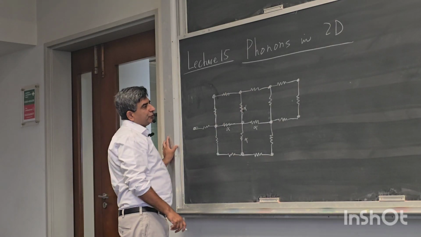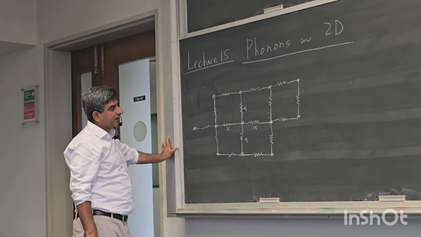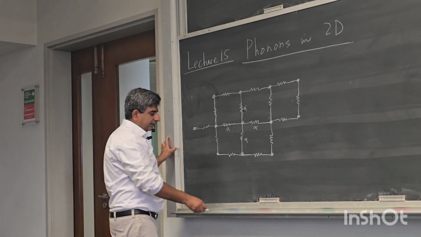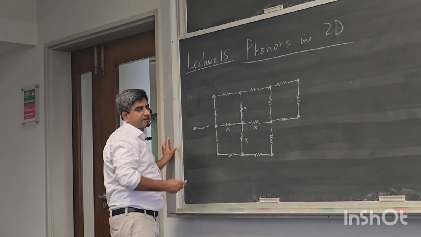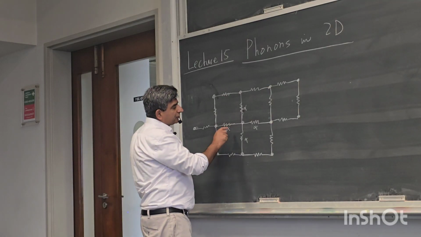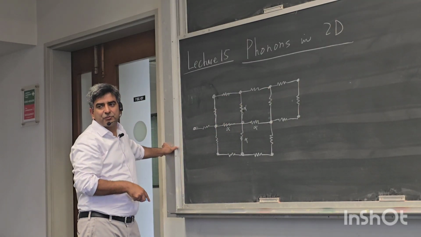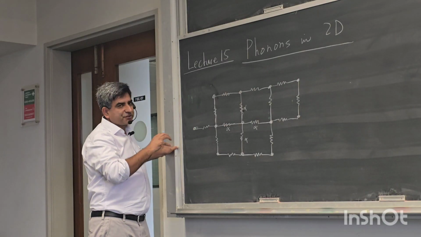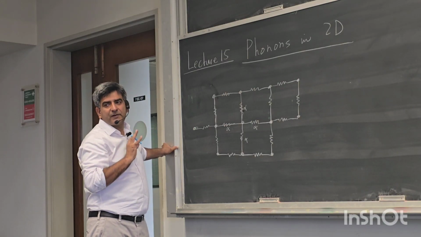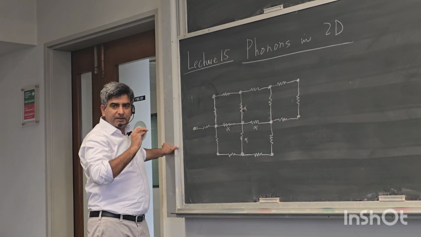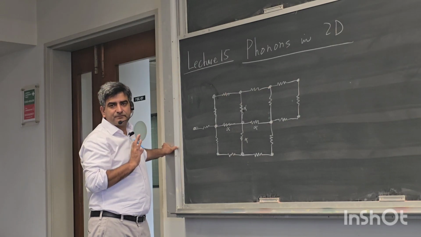But we also assume, to add a little bit more spice into this example, that in addition to these nearest neighbor interactions, we also have an atom connected to the next nearest neighbor atom through another interaction whose strength is given by beta, again in a spring-like fashion.